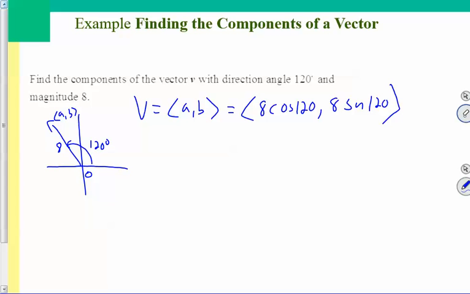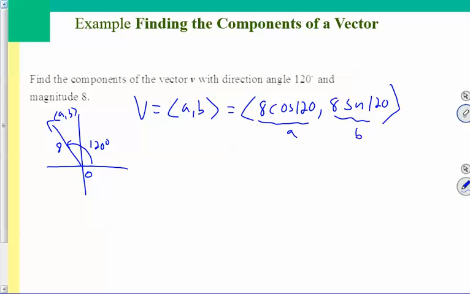Then I can use my calculator in this case. I'll allow you to use your calculator, even though 120 is a common angle that we use. This part is a, and this part is b.